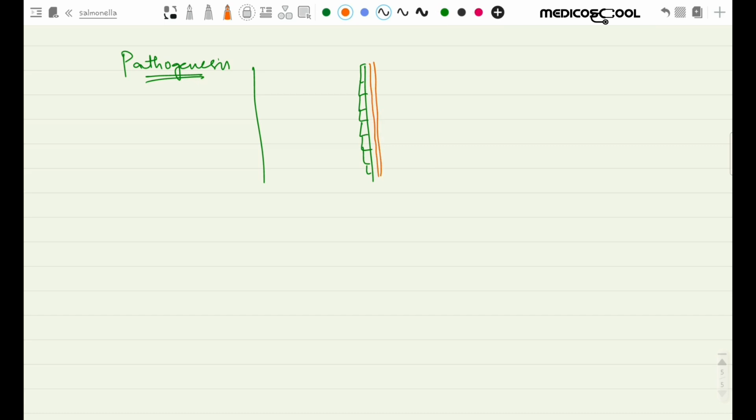So what do they do? They invade the mucosa and submucosa by going through between the cells, and here they cause inflammation, releasing cytokines and causing infiltration of neutrophils, and thus they cause the enterocolitis.